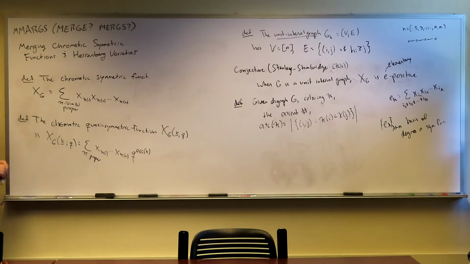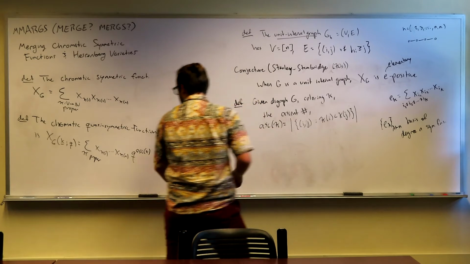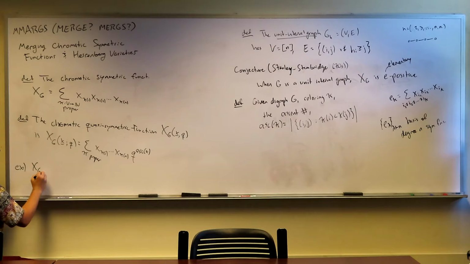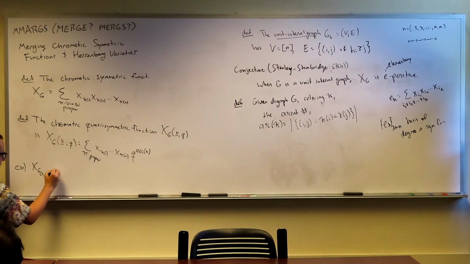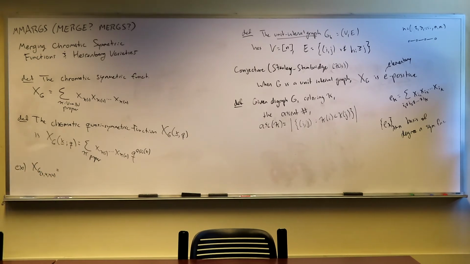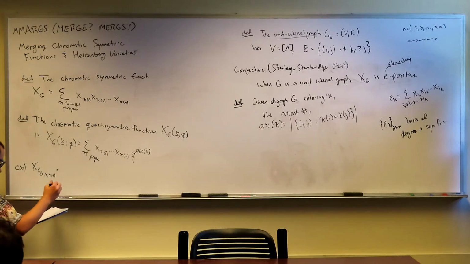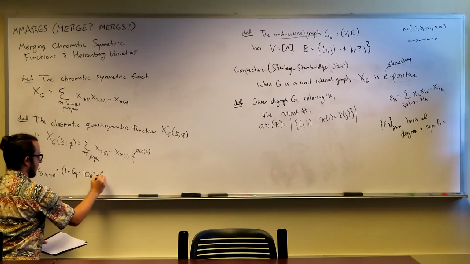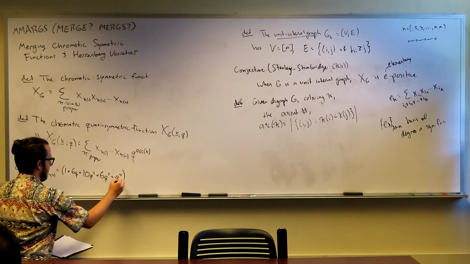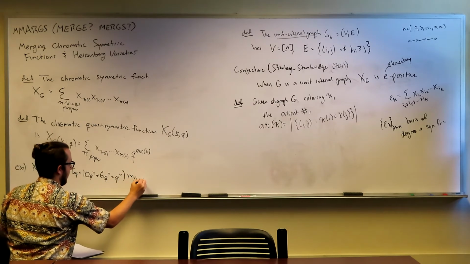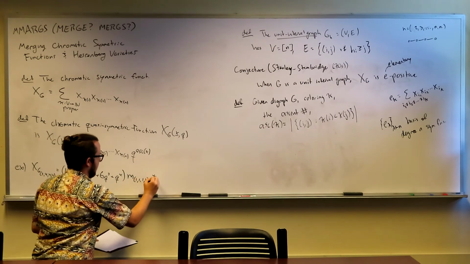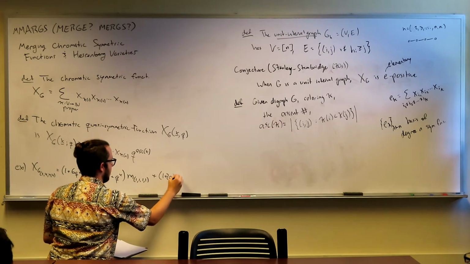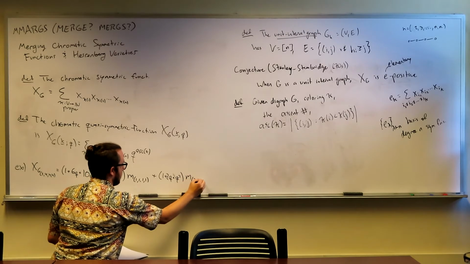And so as an example, for the graph we've been considering, X_G can be expanded as (1 plus 6q plus 10q squared plus 6q cubed plus q to the 4th) m_{1,1,1,1}, plus (1 plus 2q plus q squared) m_{2,1,1}.